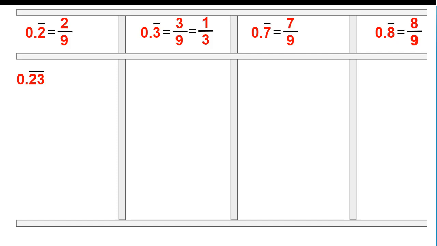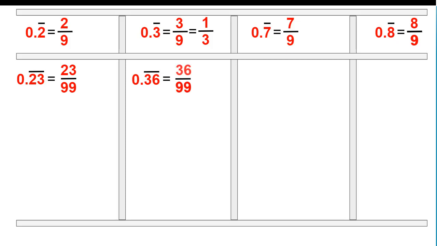And 0.4 is 4 over 9, etc. Now all the ones with two digits, such as this one, 0.23, when the 23 is recurring, not just the 2, not just the 3, the trick is similar. It's this number over 99. So 23 over 99. And for 36, again, it's something over 99. How do you know what that something is? By the two digits which are recurring.